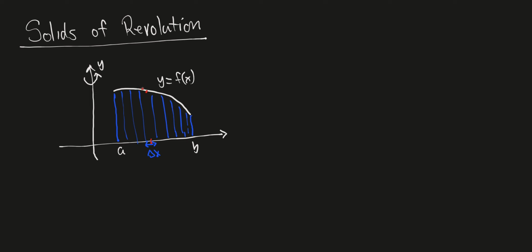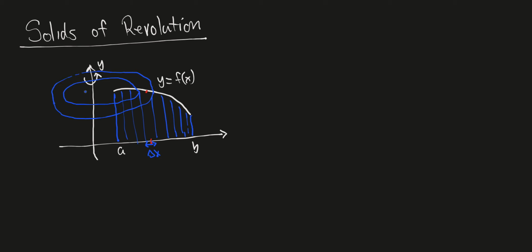Essentially, when we revolve this around the y-axis, what we're going to end up with is something that goes all the way around, and then I'm going to revolve this part too all the way around. It's going to go all the way around like here, and then all the way around like here.